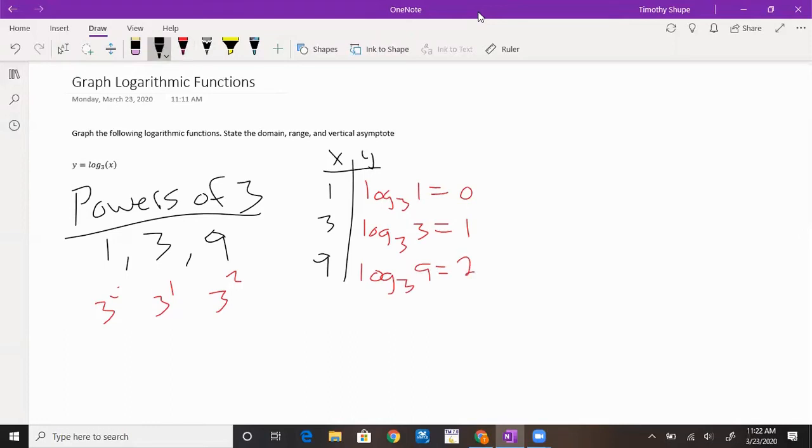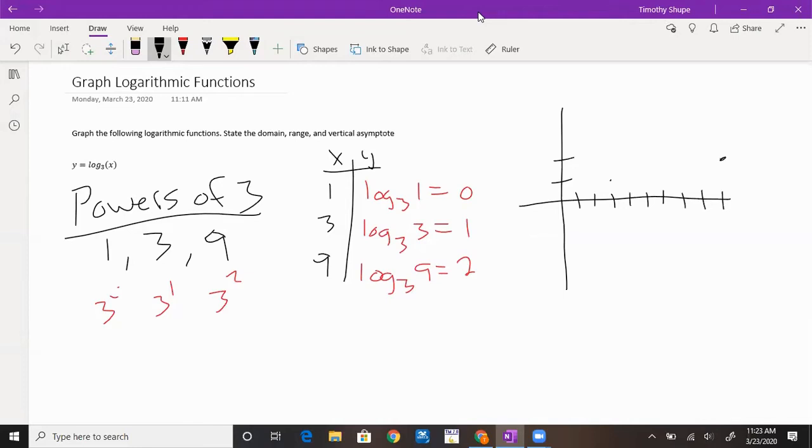So using these coordinates of (1, 0), (3, 1), and (9, 2), I can come over here and graph those coordinates on my axis. So to the right 1 and up 0, to the right 3 and up 1, I can put a point, and to the right 9 and up 2, I can put a third point.